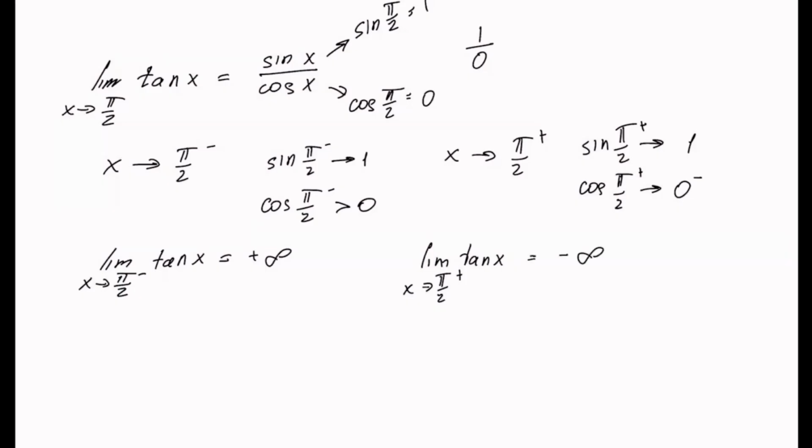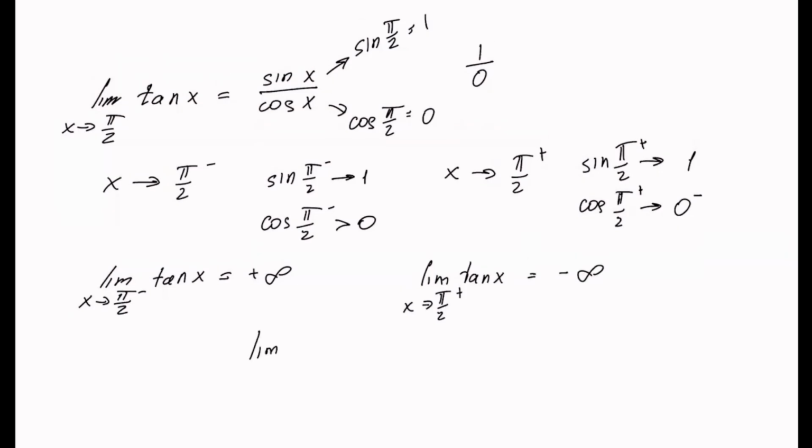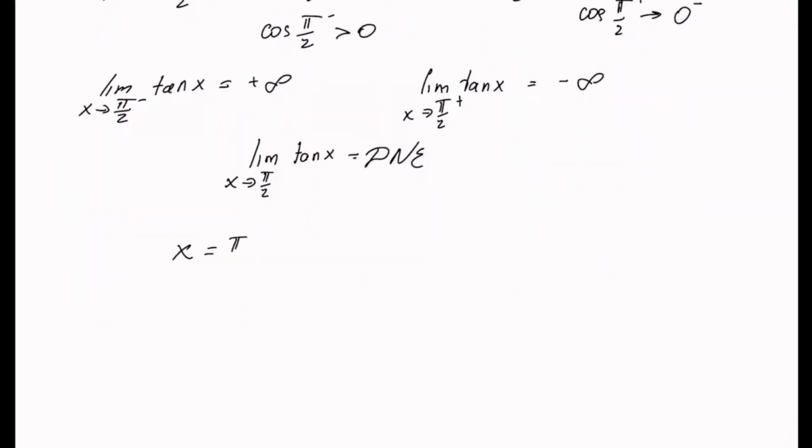And we say that the limit of tangent x as x approaches pi over 2 does not exist because one is positive infinity, another one is negative infinity. So x equals pi over 2 is a vertical asymptote of tangent x. And in fact, x equals pi over 2 plus n pi for any integer n are all vertical asymptotes.